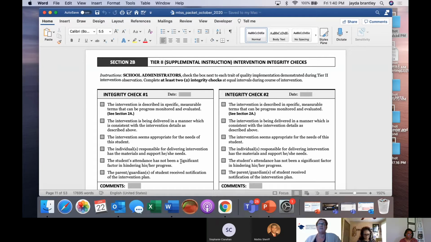So one reason this is in here, truthfully, is because we don't want to get bogged down by documentation and not work with students. It's so easy sometimes to say, okay, it's my intervention time. However, I've got this documentation packet to work on. So I'm not going to provide my Tier 2 supplemental today.